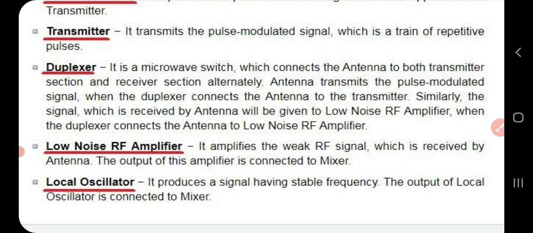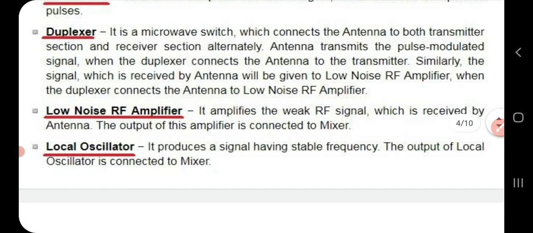Similarly, the signal which is received by the antenna will be given to the low noise RF amplifier, shown in the block diagram, and that happens only when the duplexer connects the antenna to the low noise RF amplifier.